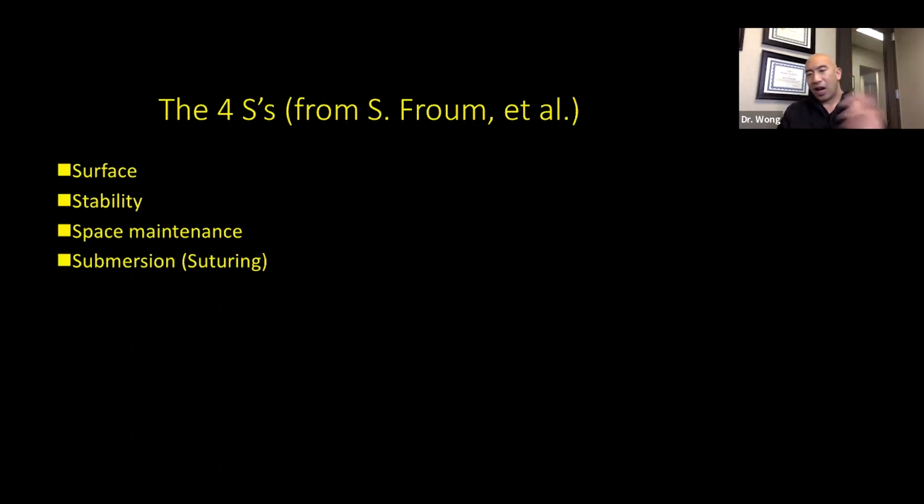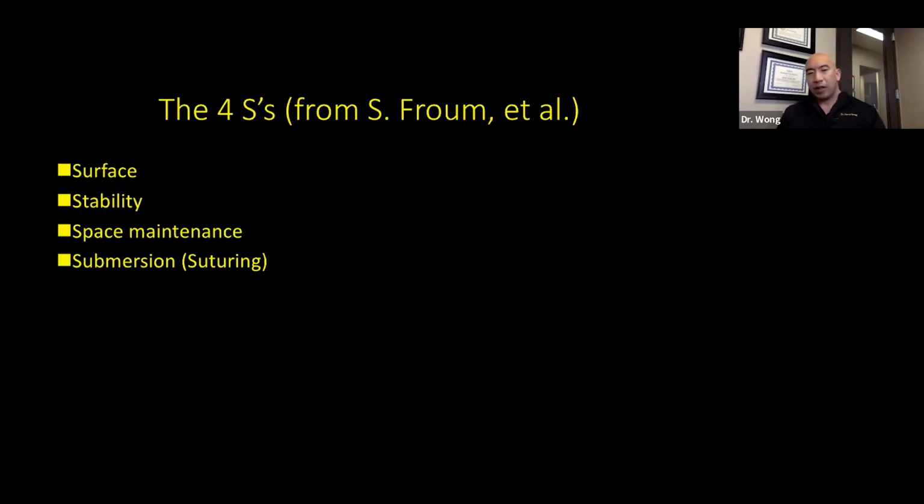So when it comes to extraction sites, you're not going to get bone growth if you have a pocket lining that we forgot to scrape out after we took out a periodontally diseased tooth. So we've got to make sure that the socket is free from a bunch of granulation tissue and granulomatous tissue and things like that. The second S and the third S are very, very important.